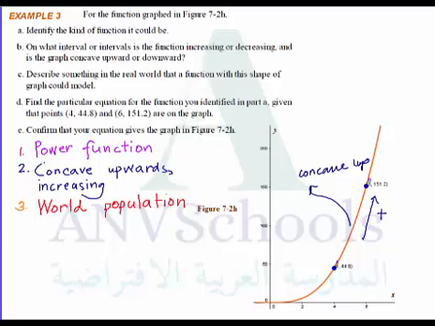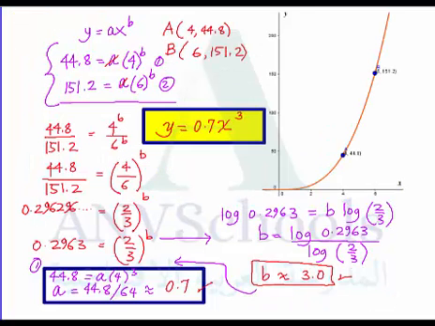And letter E, confirm that your equation gives the graph in figure 7-2a. Okay, so you can see in the figure that it is concave upwards. And being concave upwards in power functions means that your a has to be positive. If it's positive, it will tend to have an increasing trend.